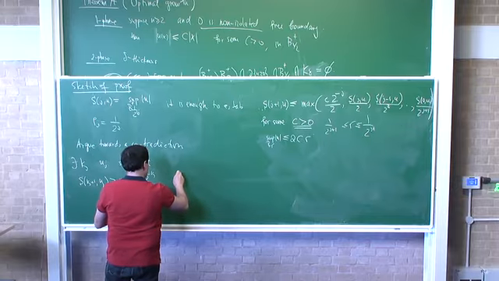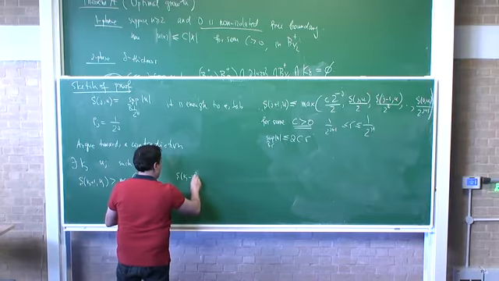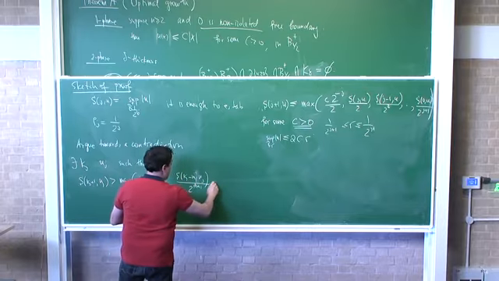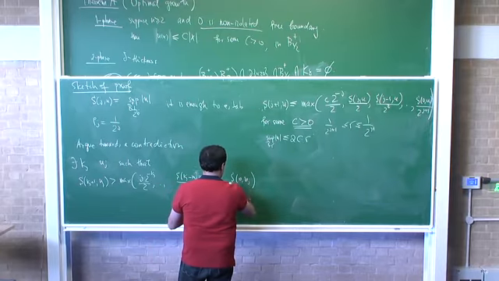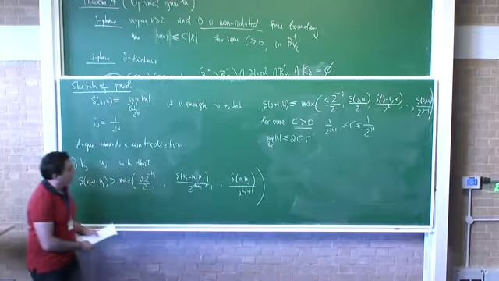And then we're going to get S_{k_j} u_j and so on, then S_0 u_j to the power k_j plus 1.